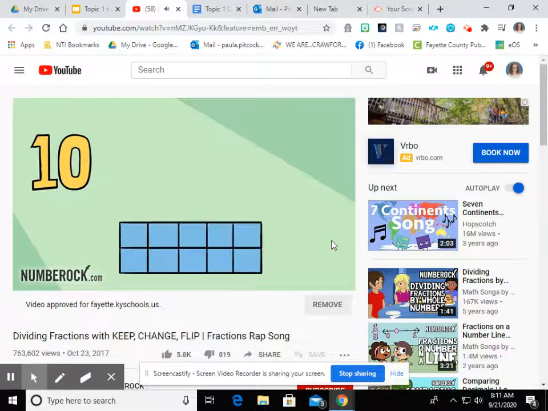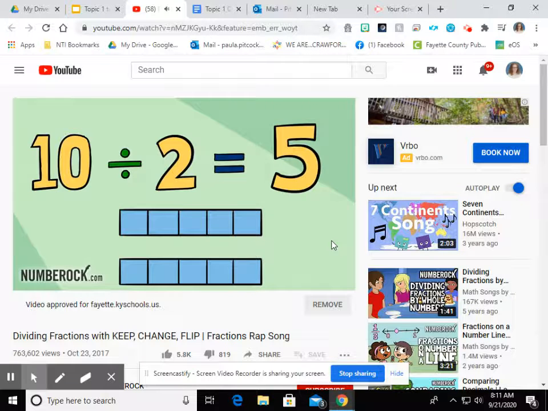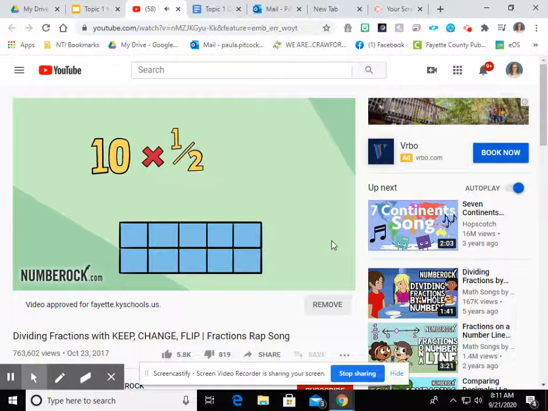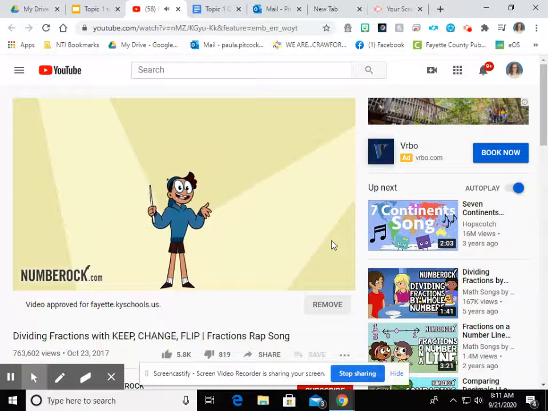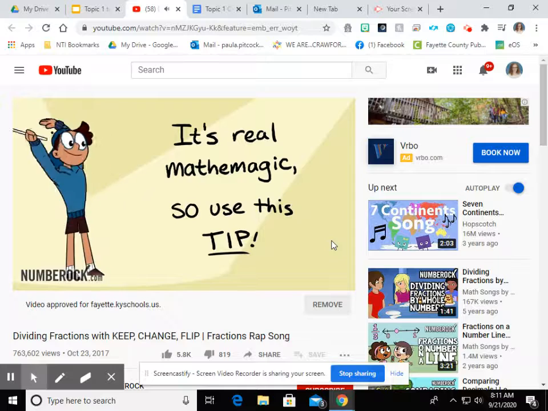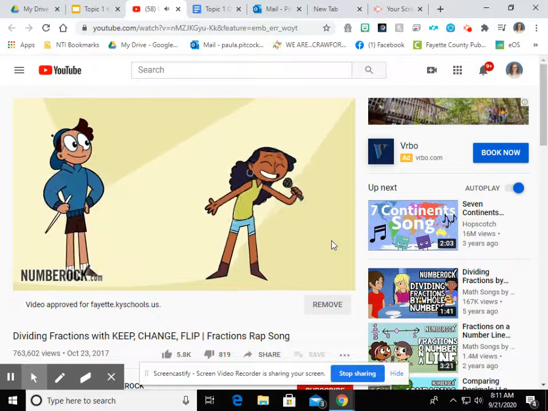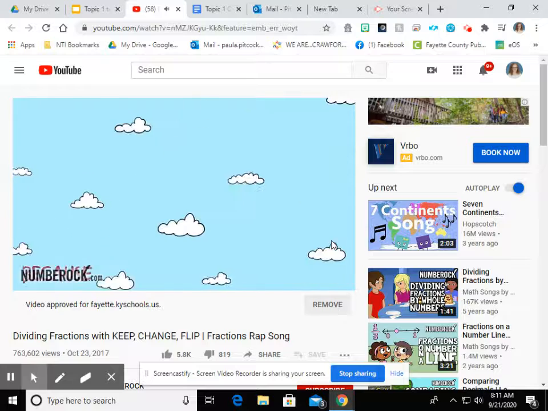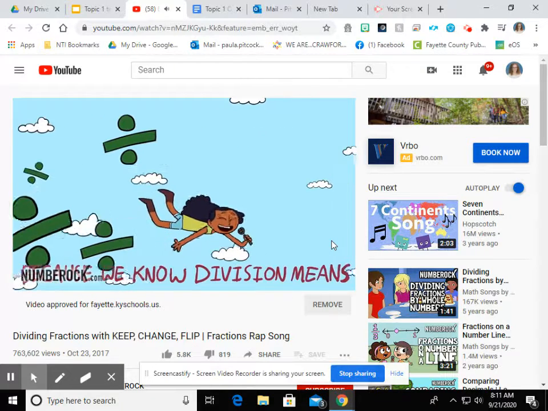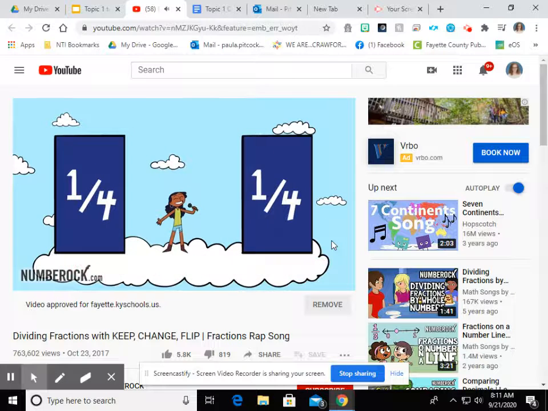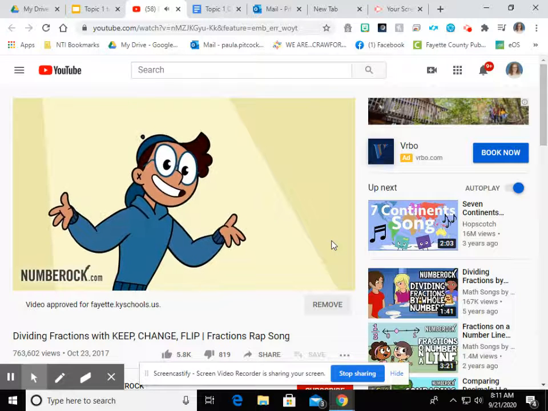With the number 10, we can divide by 2, and that will leave 5 in each group. Or we can find that 5 by multiplying 10 by 2 flipped to 1/2. Division means how many groups of.